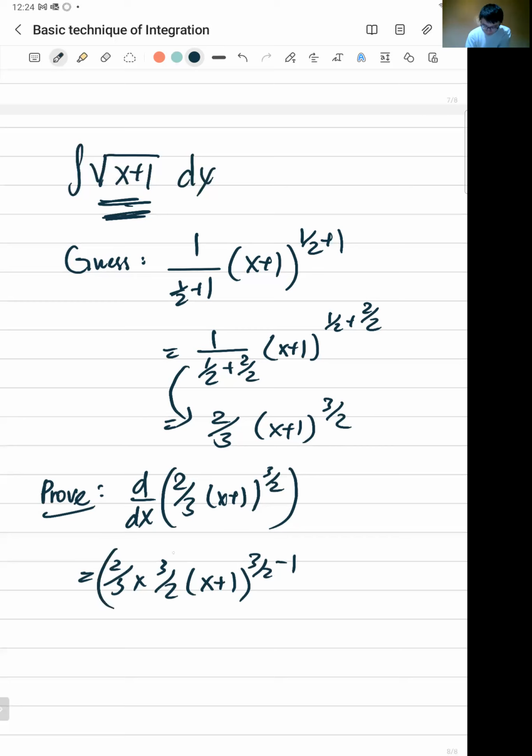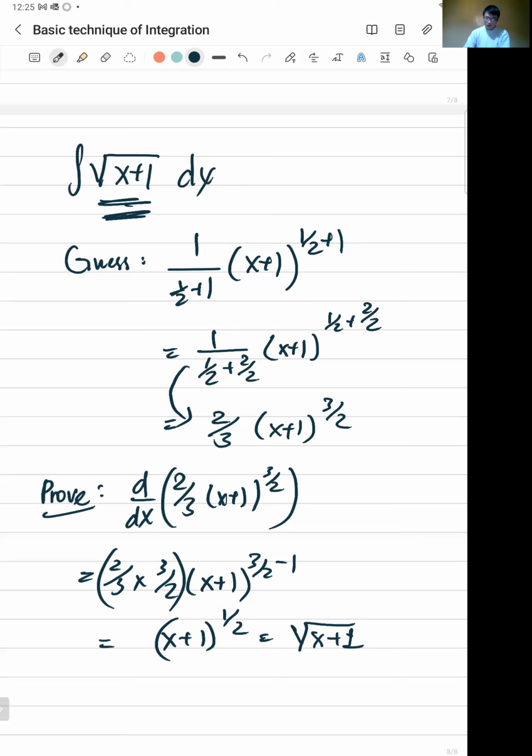So again, this thing canceled out. That leaves me with x to the power 1. All right, so we know 1 over 2, and that's exactly equal to this one.